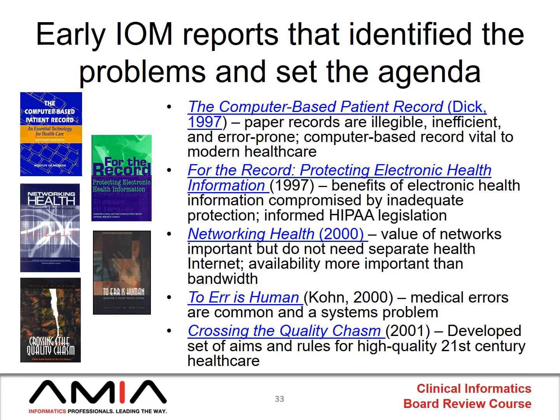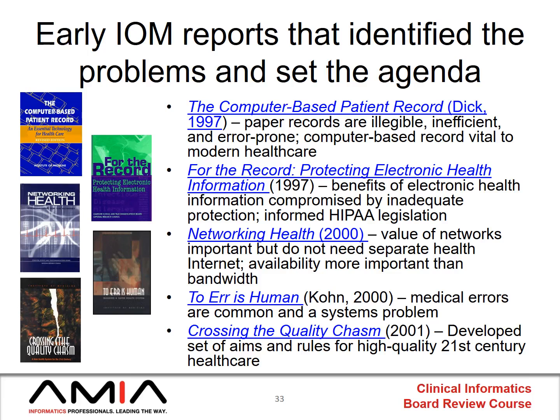It set forth a number of concerns about privacy and confidentiality of health information, and noting at the time that its protection was inadequate, and this report actually informed the HIPAA legislation that we now look to as addressing issues of privacy and confidentiality. Another report called Networking Health looked at the emerging internet and the role that it could and would play in health.